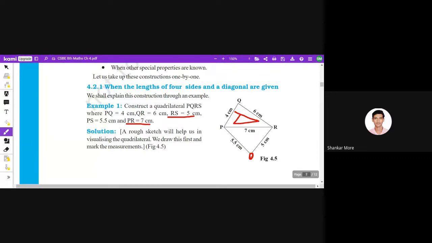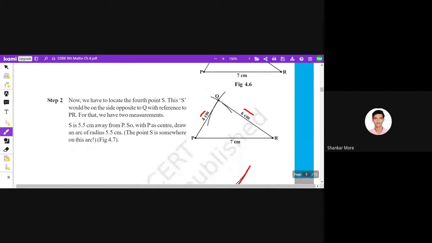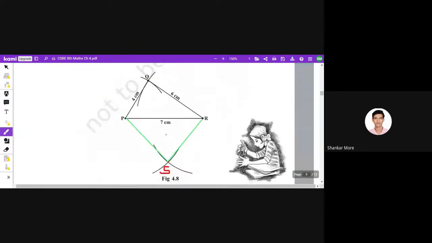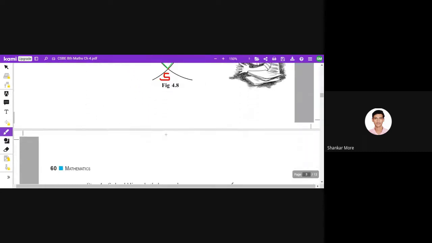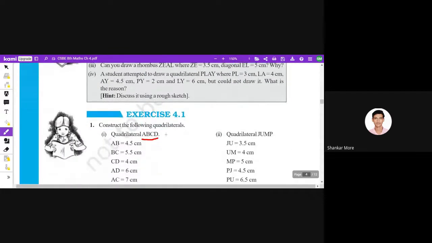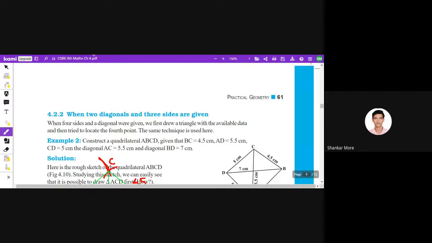We are going to use our compass and draw these curves, and then we can connect those points and we will get 2 sides. Similarly, we can draw the remaining sides, right? So this is how we draw a quadrilateral when we know 4 sides and a diagonal. This was our practice set. I hope you have drawn some of those constructions. If not, please practice it, okay.